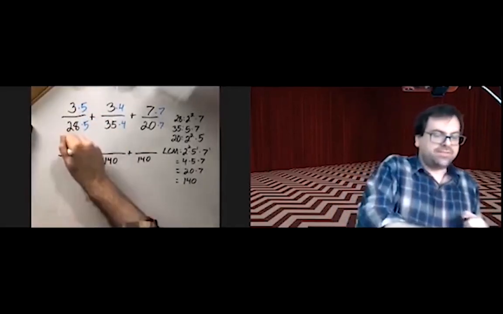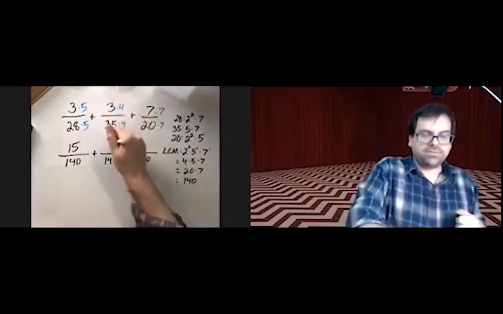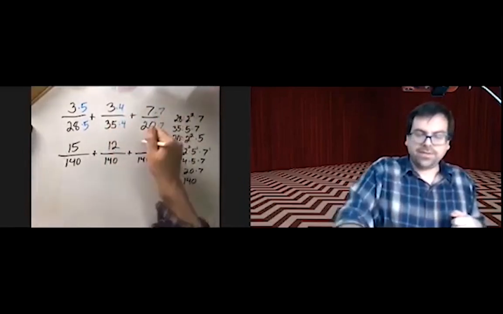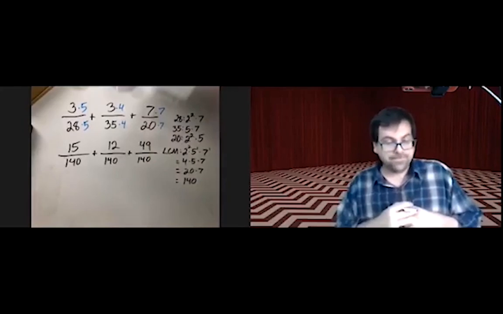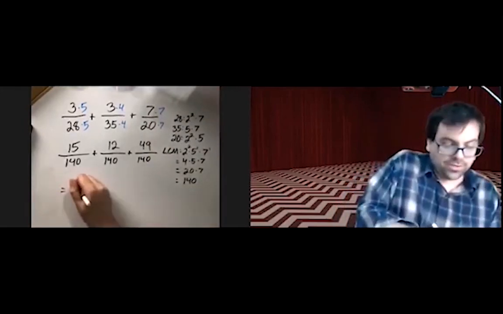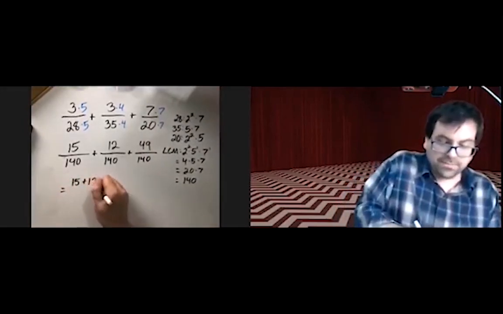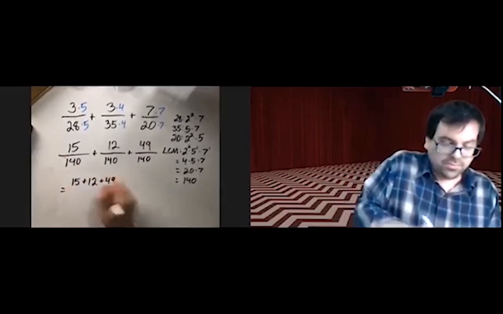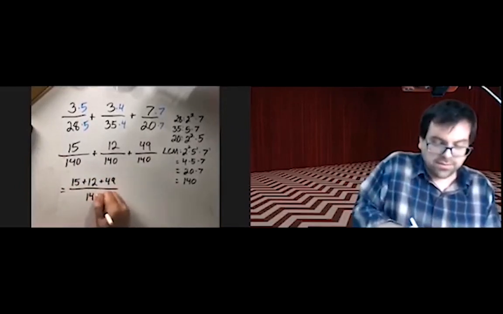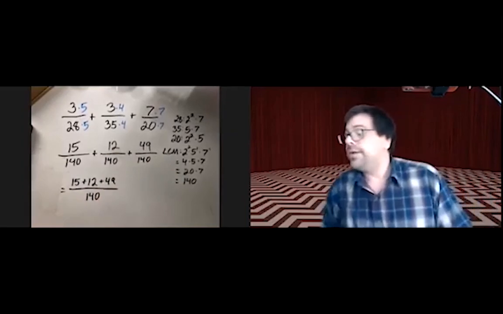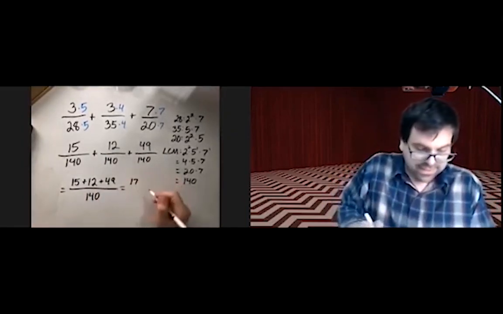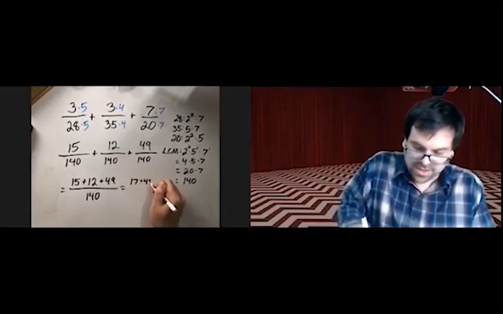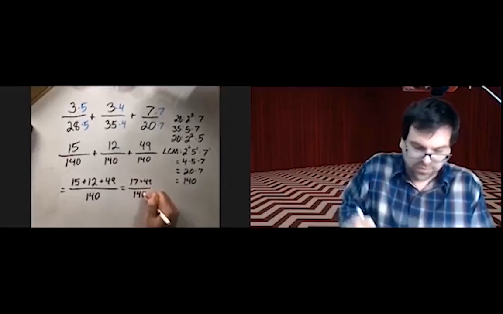3 times 5 is 15. 3 times 4 is 12. 7 times 7 is 49. So this is 15 plus 12 plus 49 all over 140. That's 17 plus 49 over 140.